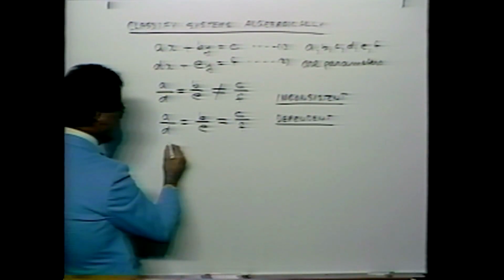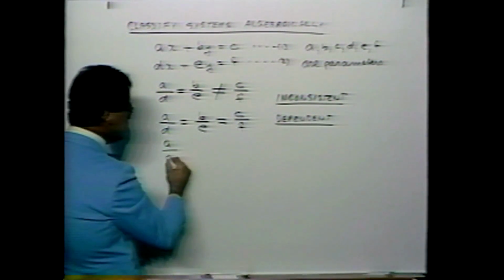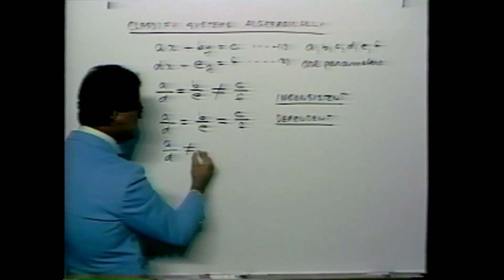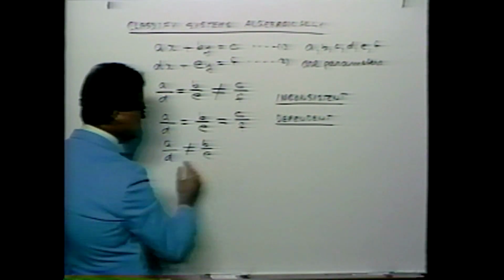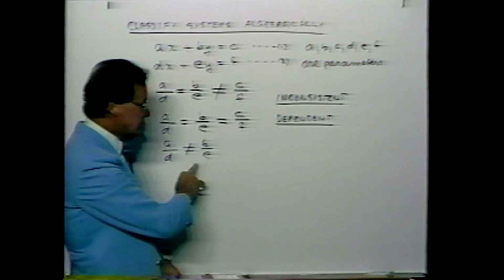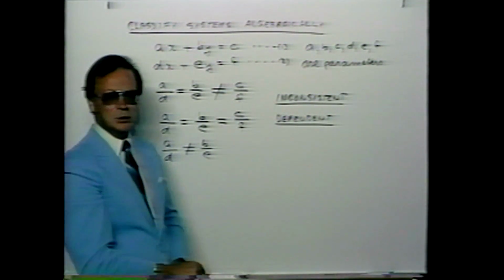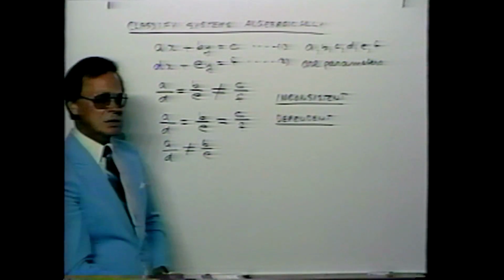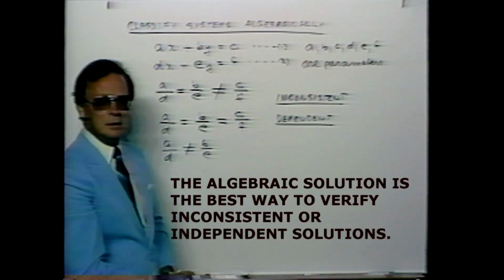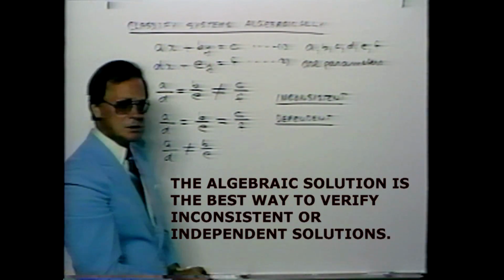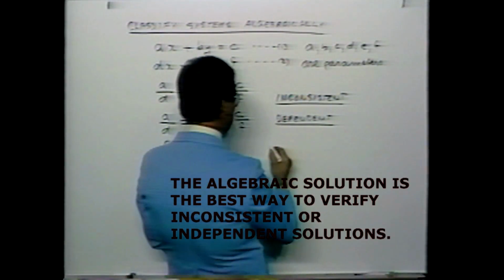Now, if you have A over D not equal to B over E, as long as those ratios are not equal to each other, you will end up with a unique solution and consequently is classified as a consistent and independent system.